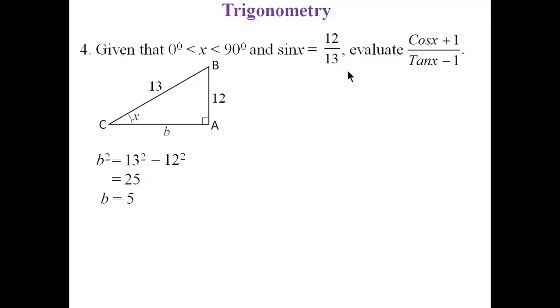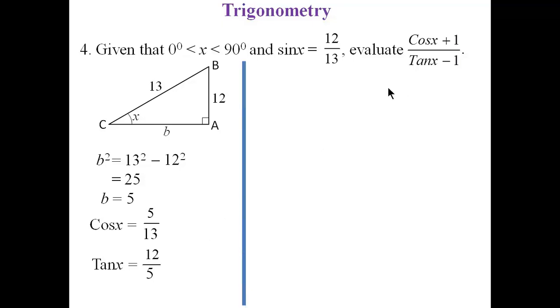So we can now go ahead to find cos x and tan x. So to start with, cos x is adjacent over hypotenuse. So our adjacent here is 5. So we have 5 over 13. And tan x is opposite over adjacent, that is 12 over 5.